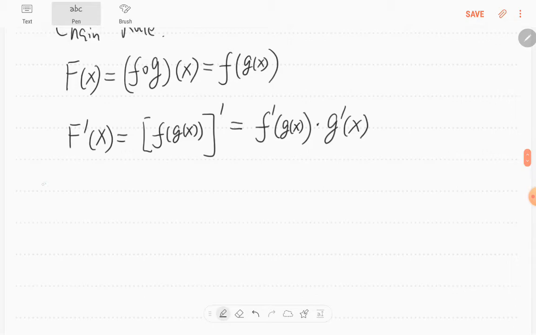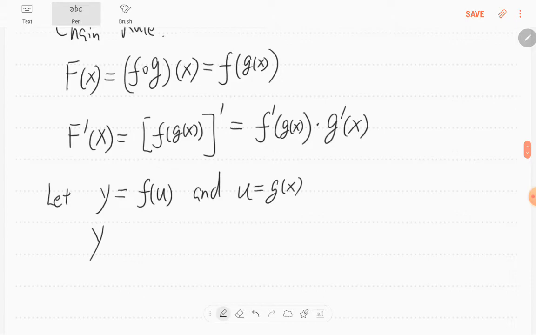In other words, if we let y equal f of u and u equal g of x, then y here is capital F, which is f of g of x.